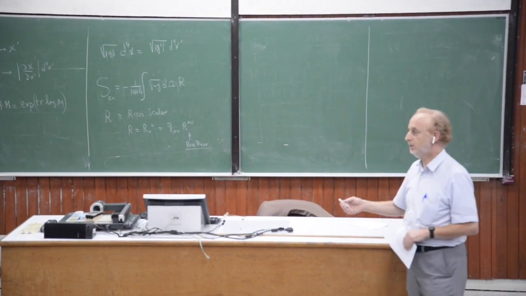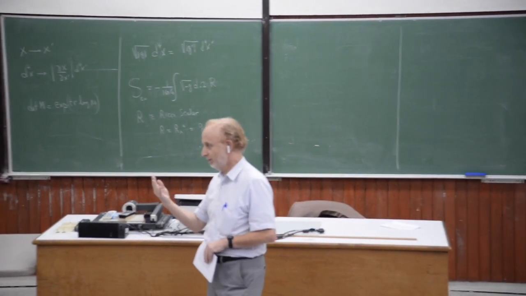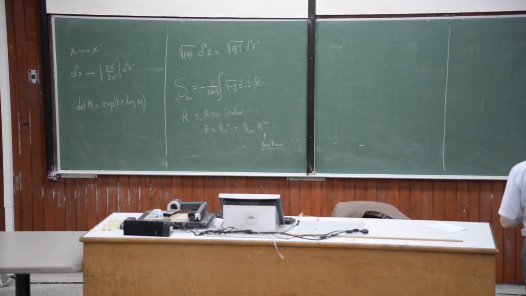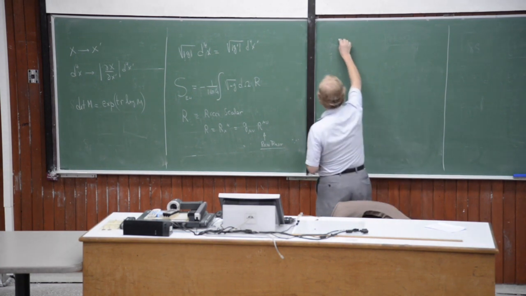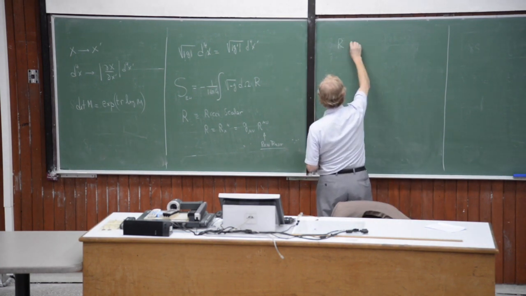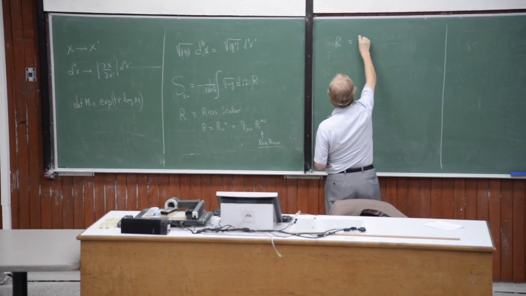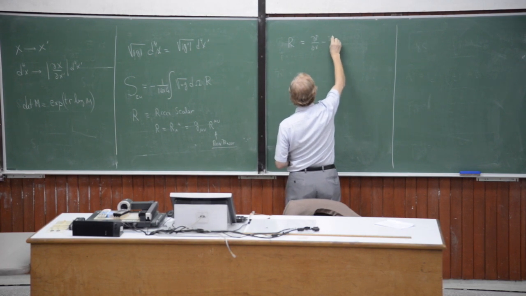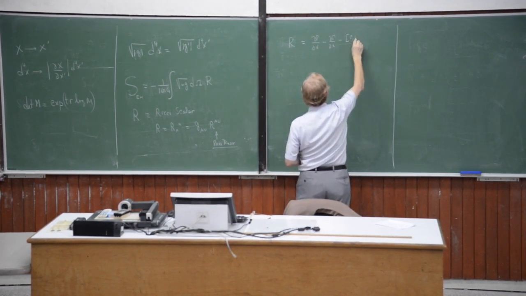Now, what is the Ricci tensor? Well, it is related to the Riemann tensor, which has 4 indices. But I will spare you that. I'll just write it symbolically. When you say R, symbolically, it is partial Γ over partial x minus partial Γ over partial x minus the commutator of Γ Γ.